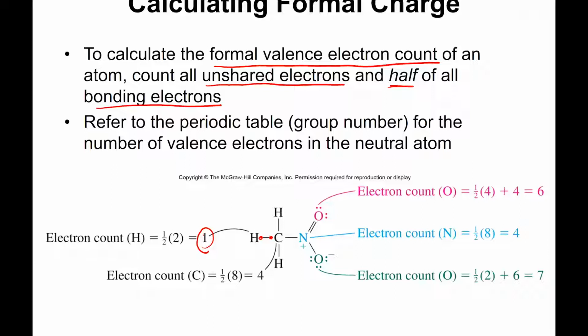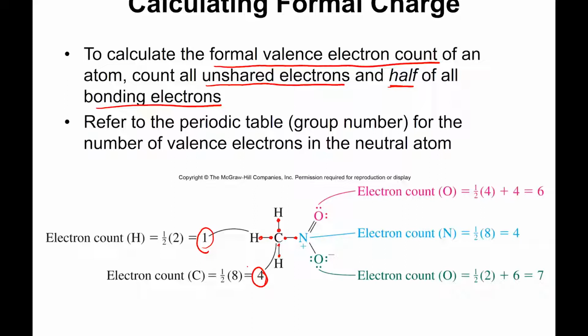For this carbon here, carbon does not have any unshared electrons, but it does have a lot of shared electrons. So let's look at all of carbon's shared electrons. 1, 2, 3, 4, 5, 6, 7, 8 shared electrons, and we're going to half that, 4.